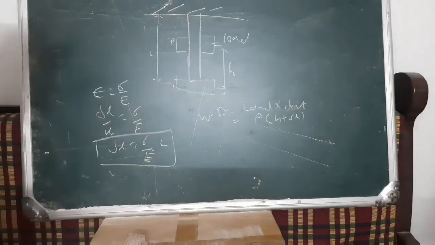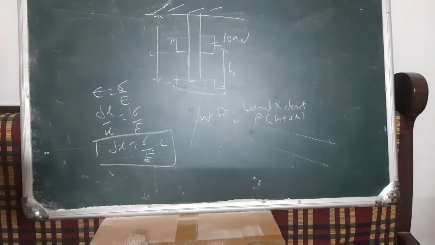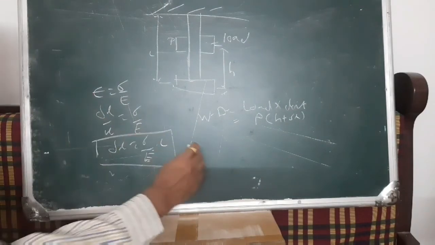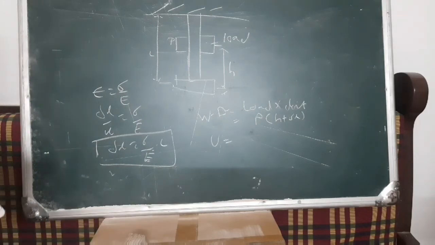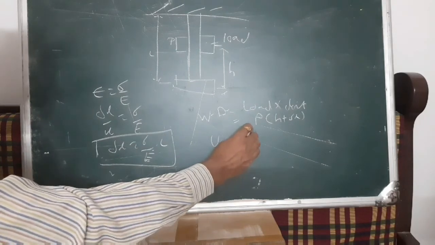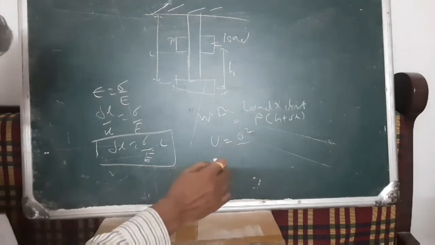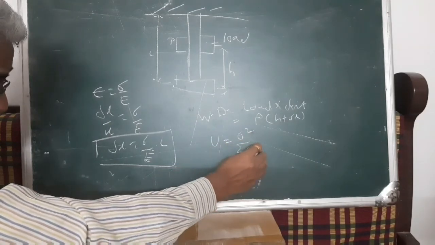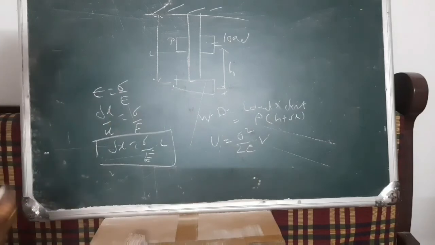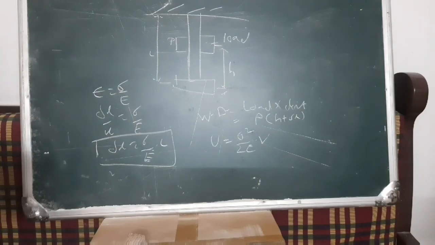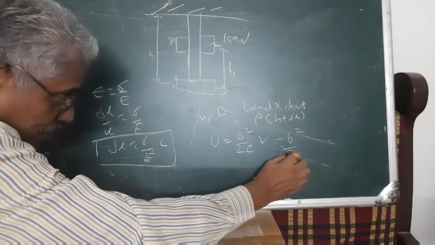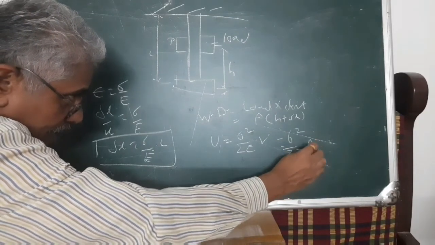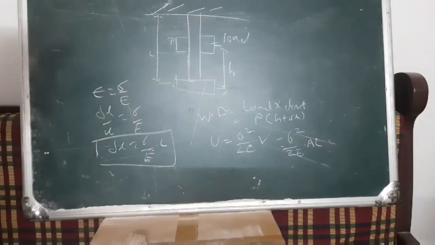Now if you have to find the strain energy U, strain energy U is equal to sigma square by 2E into V, where V is A into L. That is the equation for the strain energy stored in the body.